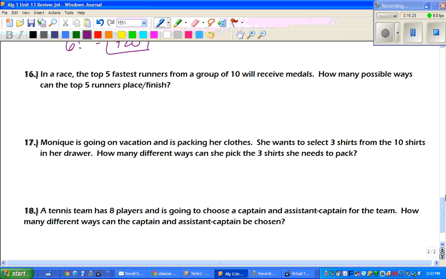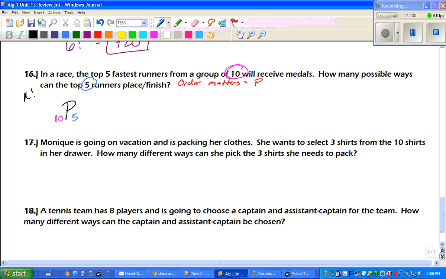Number 16, in a race, the 5 fastest runners. We're talking about a race. Anytime we're talking about a race, order matters. So we're doing permutation. In a race, the top 5 fastest runners from a group of 10. And then the other is 5.